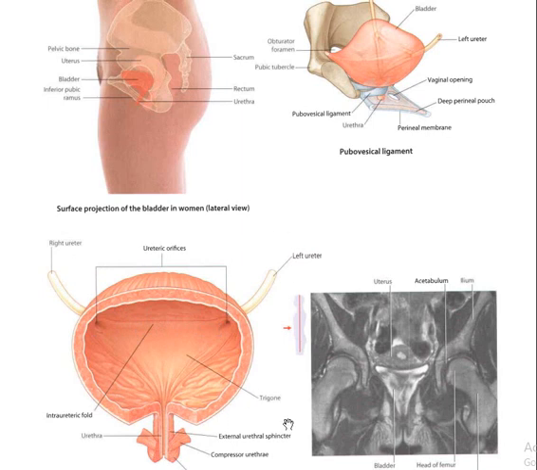So this is your trigone, which is going to be found here. Inferiorly, you're going to have the external urethral sphincter, and here you're also going to have the compressor urethrae muscles. You need to know that unlike in males, we only have the external urethral sphincter, which is going to be a sphincter at the level of the external part of the bladder.